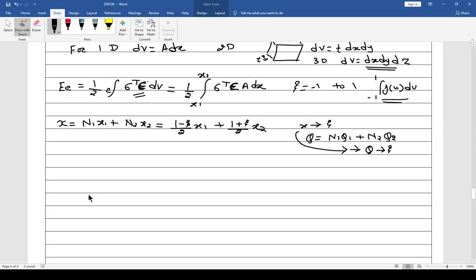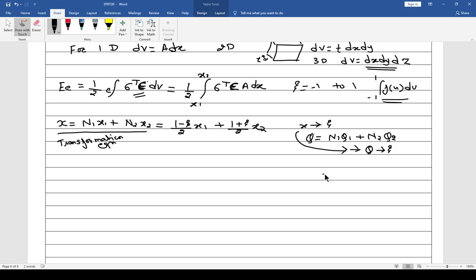One of the important things: what is this equation? This equation is also called the transformation equation. What is the purpose of this?